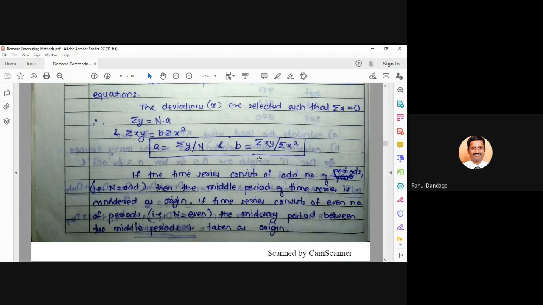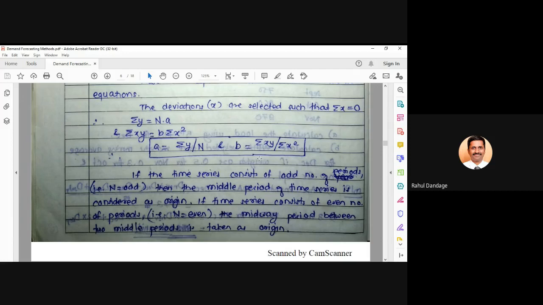That should be considered as the origin, and we assign x equal to 0 because it is the origin. If you have 11 periods, which is again an odd number, then period number 6 will be your middle period. Corresponding to the 6th period, you assign x equal to 0 because that is the origin.